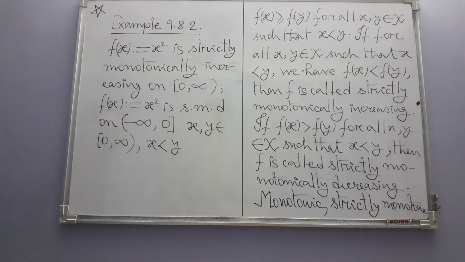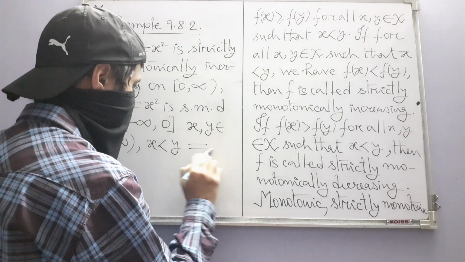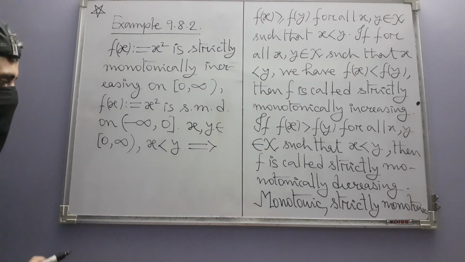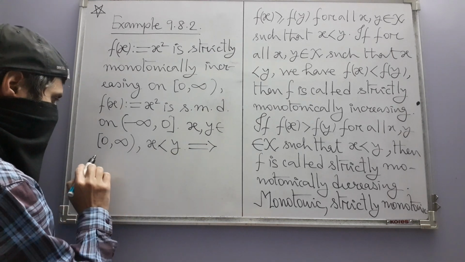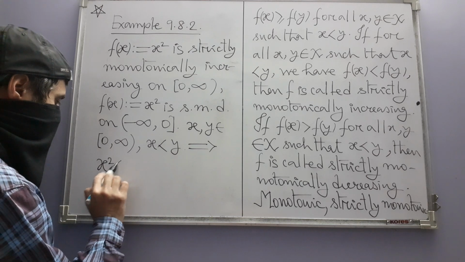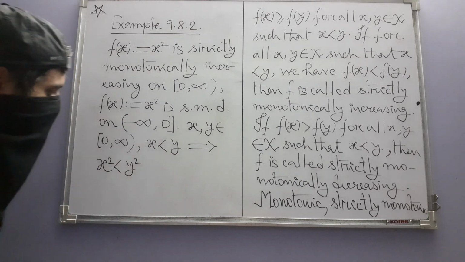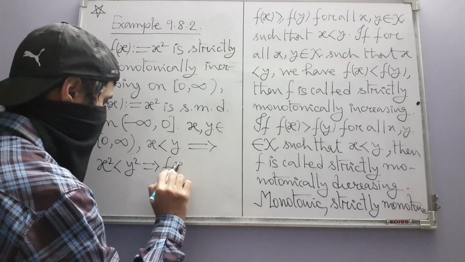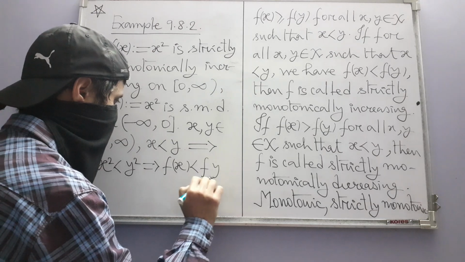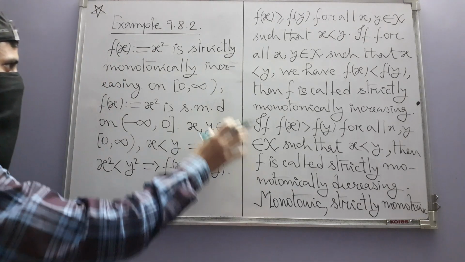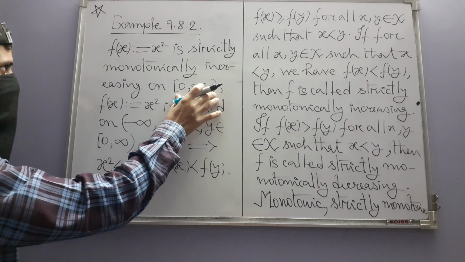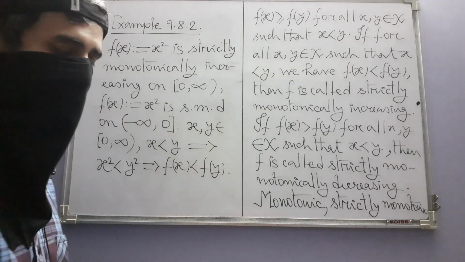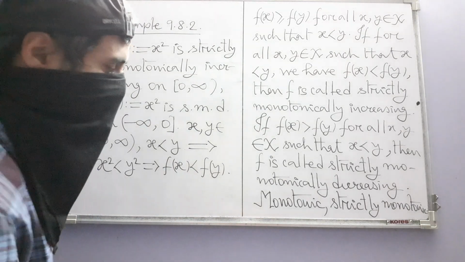Then from the usual laws of order, I get x square less than y square, and that just gives me f(x) less than f(y). So if this is the domain, then the function is strictly monotonically increasing, since we have the strict inequality.